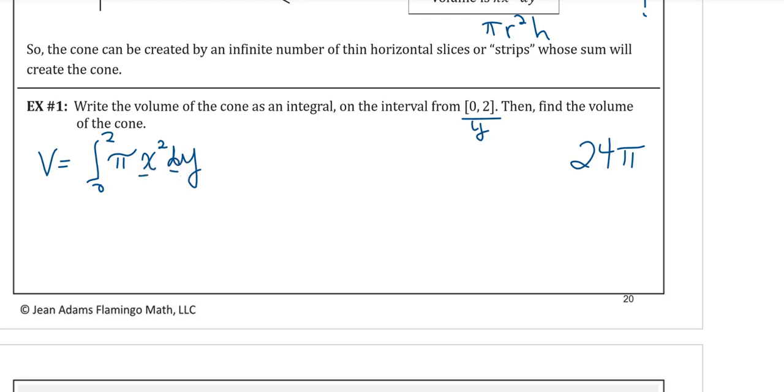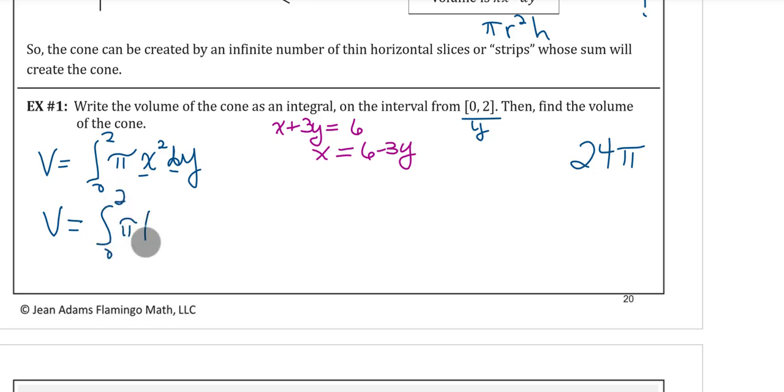Remember, the equation up there was x plus 3y equals 6. So let's solve this for x, and we get x equals 6 minus 3y. That's what we're going to substitute into our integral. And now our integration is in the right variables.